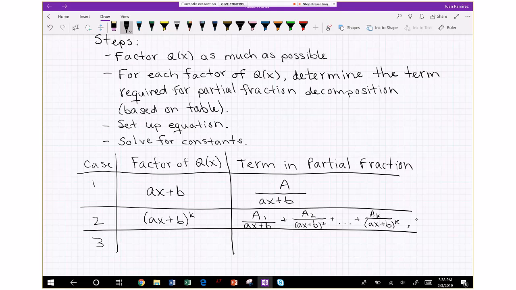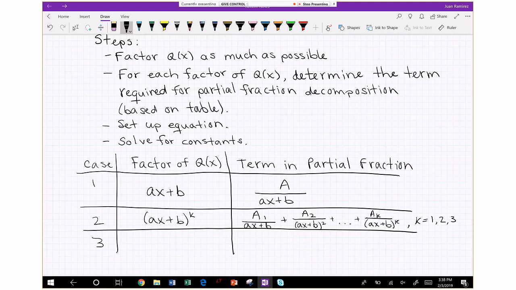And that's for integer values of k. So if the factor of q of x is ax plus b to the 3rd power, the associated term that you'd set that equal to in that equation would be A1 over ax plus b plus A2 over ax plus b squared plus A3 over ax plus b to the third power.